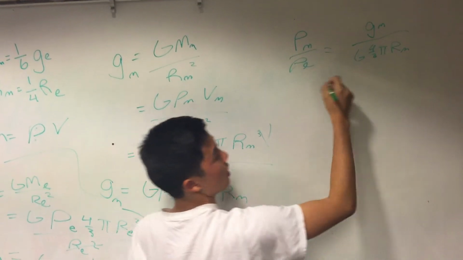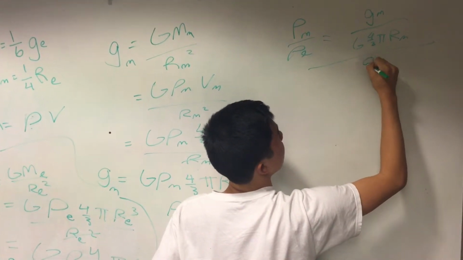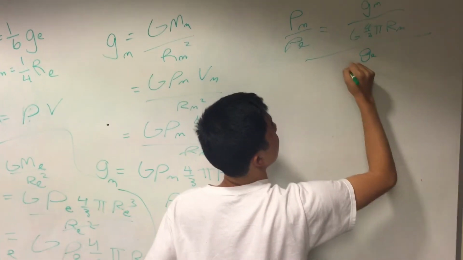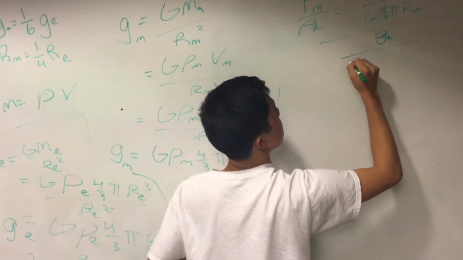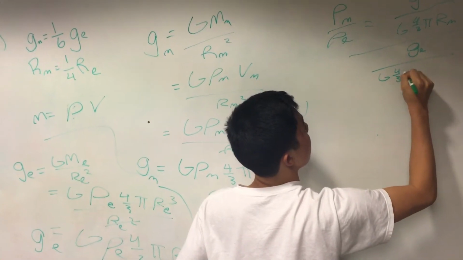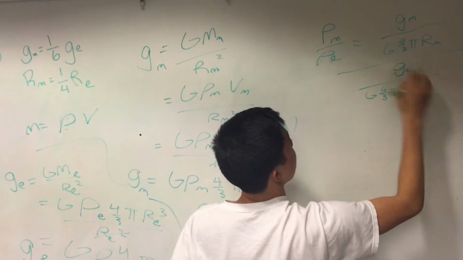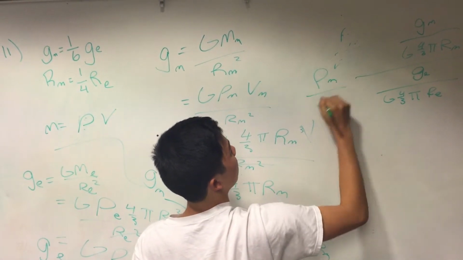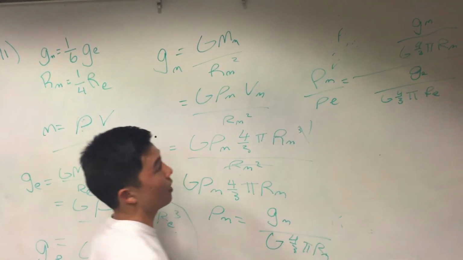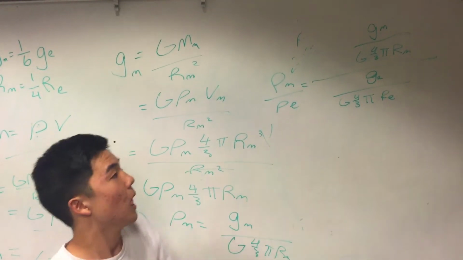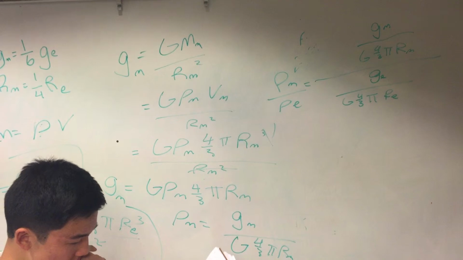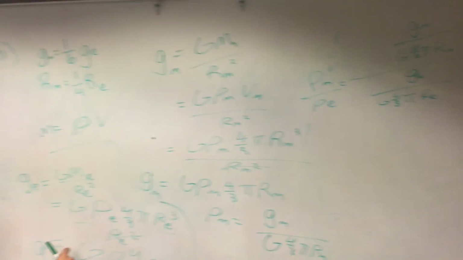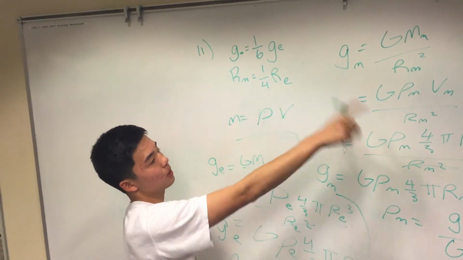This is density of the moon, and then okay, so this is our ratio, and then I'm going to use these things that they gave us in the problem to plug it in there.